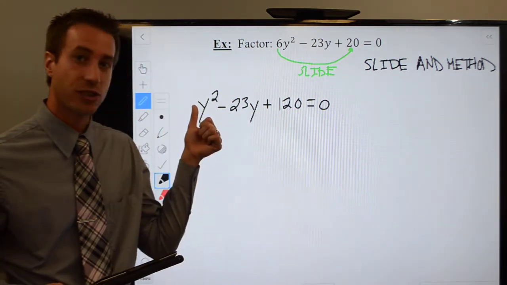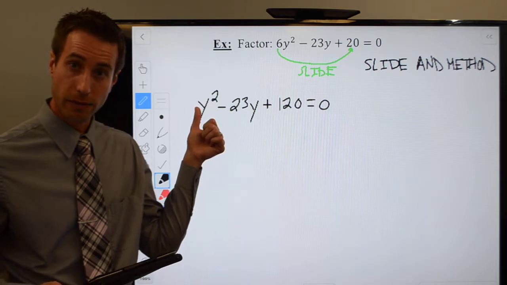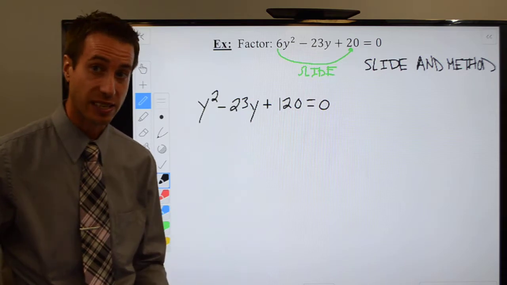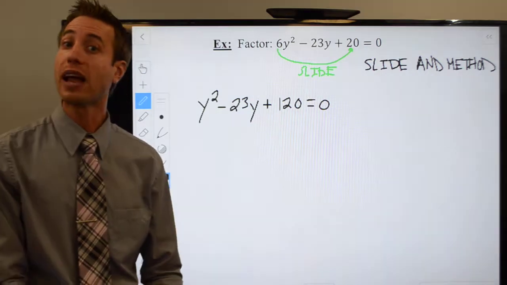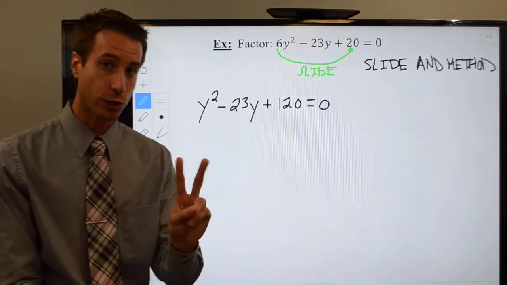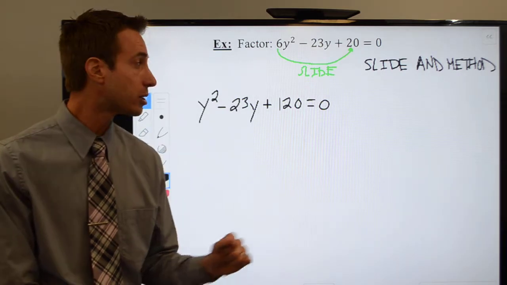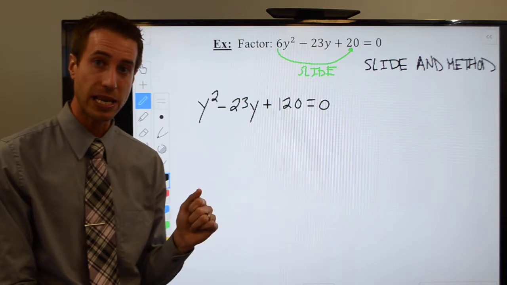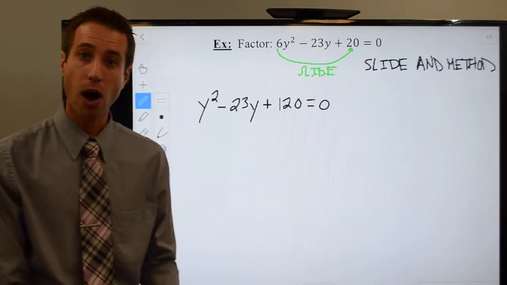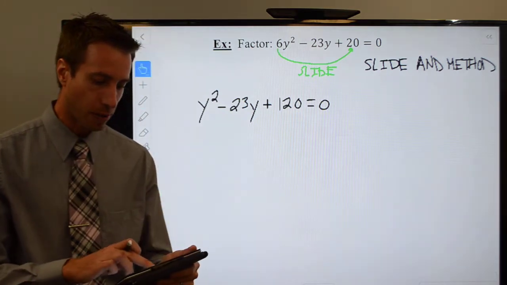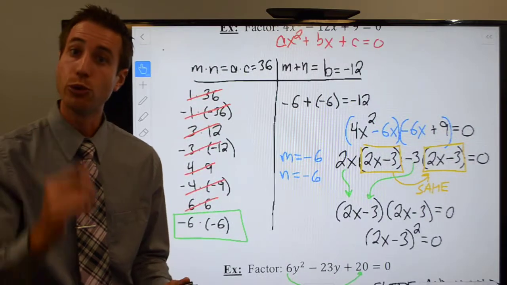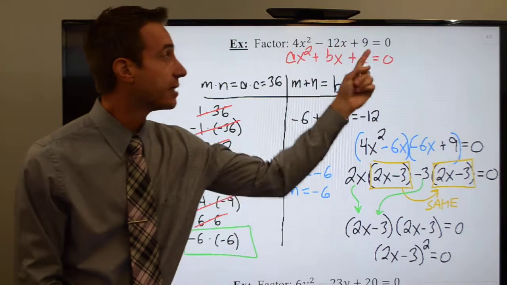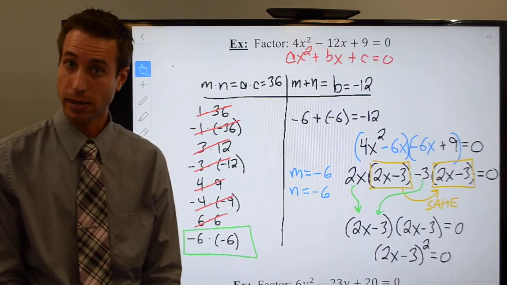This leading coefficient is a 1, right? Leading coefficient is a 1. So in order to factor this guy, all I need to do is find 2 numbers that multiply to c and sum to b, right? And here's the reason why. Remember up here in this problem, I needed 2 numbers that multiplied to a times c.